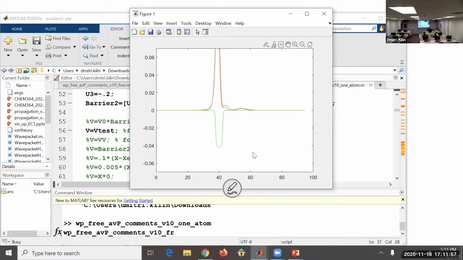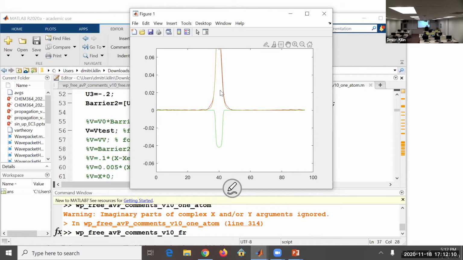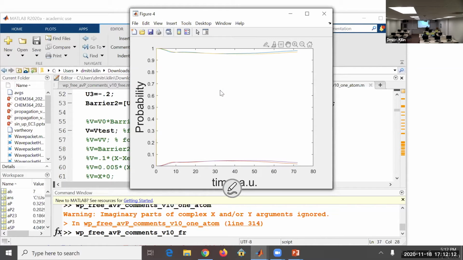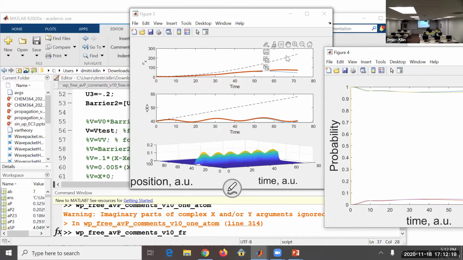We do have the potential that I introduced, and we do have the wave function of an electron. The electron decides that, okay, if it is so attractive here, I'm not going to leave anywhere, I'll stay here.